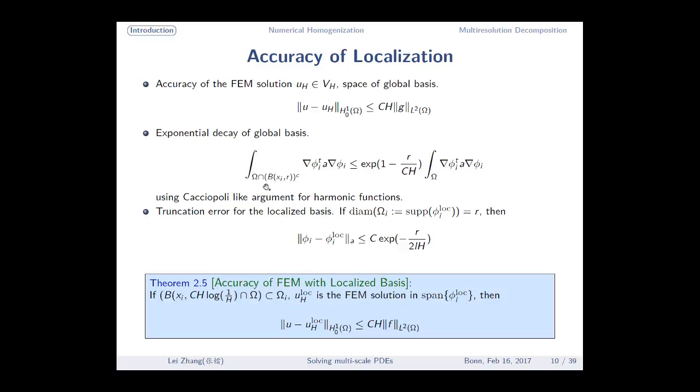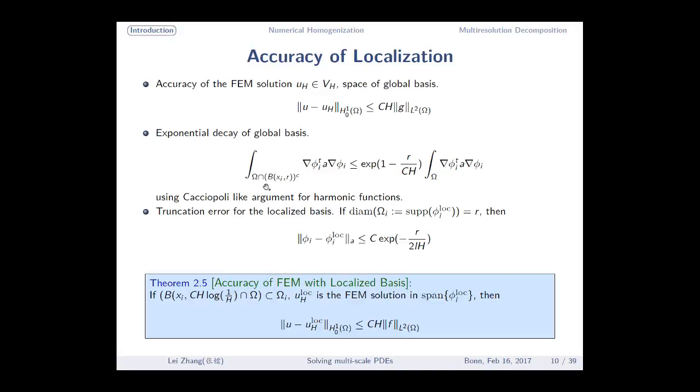Once we have that, and you have seen this many times in this workshop, you will have the accuracy of the finite element solution. Because we have the accuracy of the interpolation, and this is conformal, we have the accuracy of the finite element solution. And we have this exponential decay of the global basis for the previous constructions.